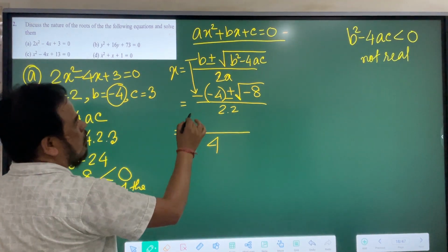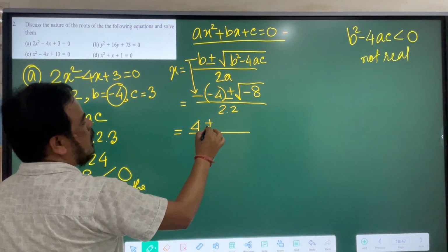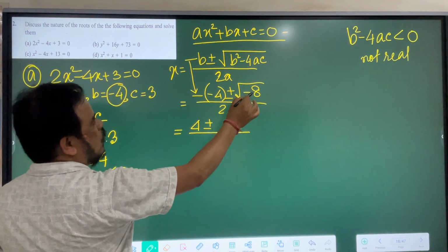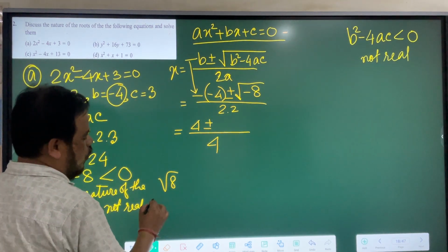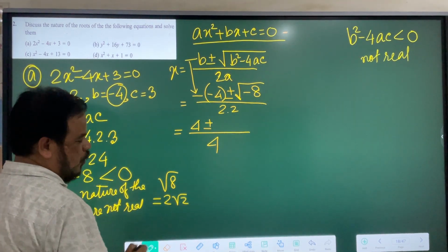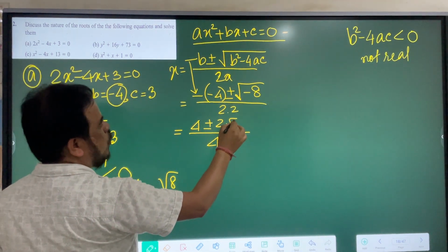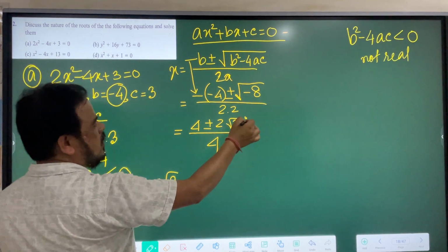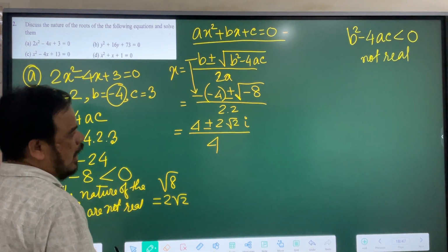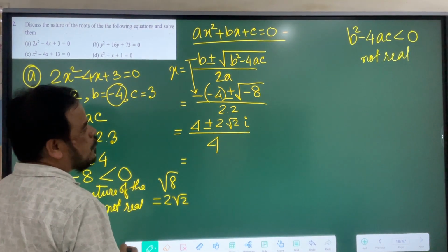So 4, minus minus plus, 4 plus minus root of minus 8. Root 8 we know is 2 root 2, all of you know that. Square root of 8 means 2 root 2. So 2 root 2 i, the minus sign is there, so we can put i directly. So let us write now.